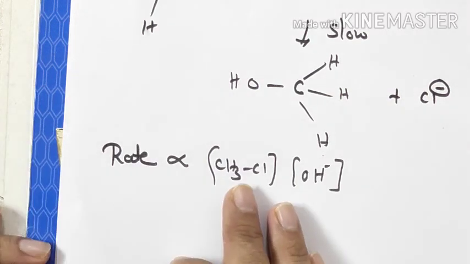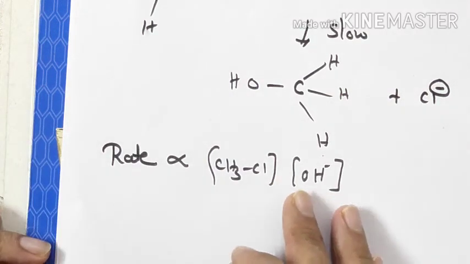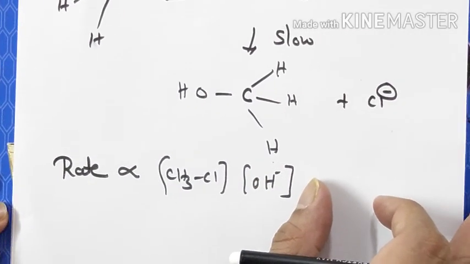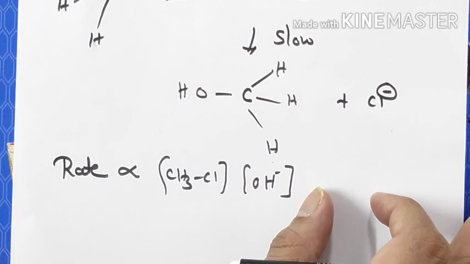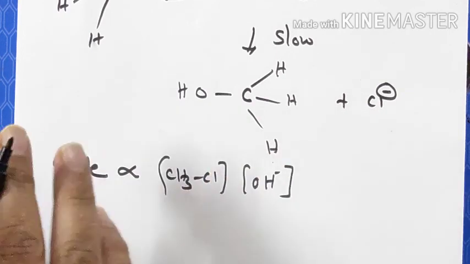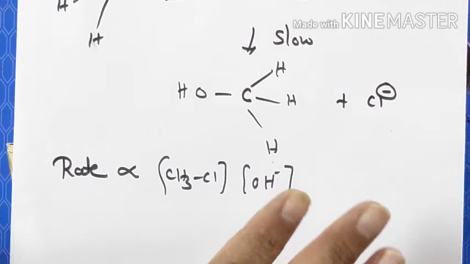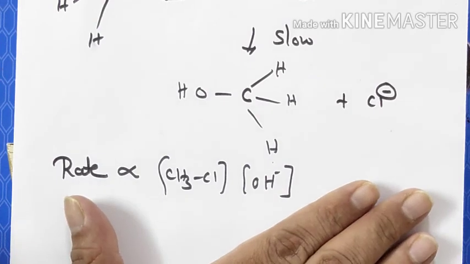Now, I hope you understood what the SN2 mechanism is, and if you remember all the reactions which we have done earlier, in all of them I have explained it the same way. It goes from the backside, attacks. I have explained that, but actually this is the mechanism, right?